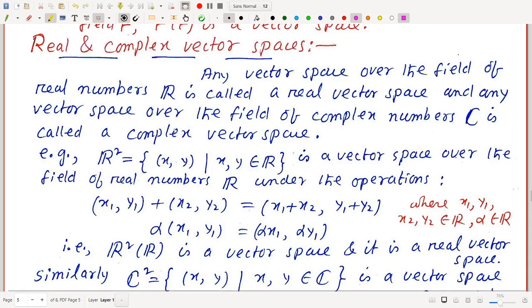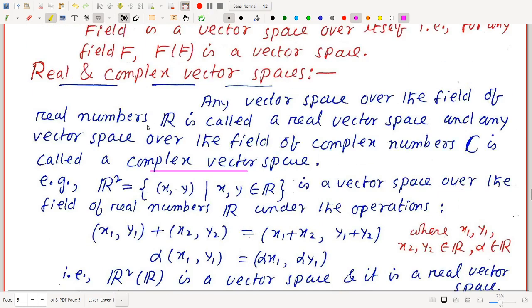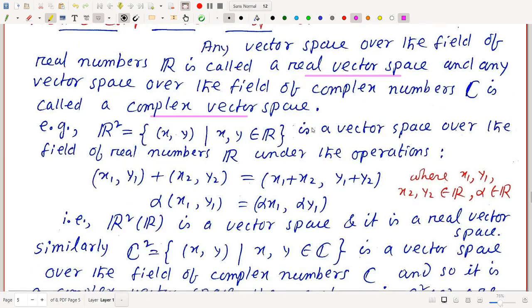And any vector space or any linear space over the field of complex numbers, bold C, is called a complex vector space. So depending on the field, we say that the vector space is a real vector space or complex vector space. A vector space over the real field is a real vector space, over the complex field is a complex vector space.